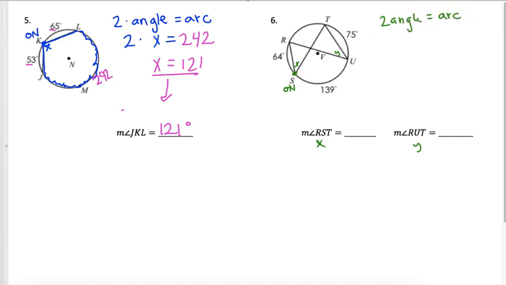Again, writing this over helps us memorize these rules. So 2 times the angle, that's going to be 2 times x, equals, okay, the arc that goes with it is this arc over here. And again, we don't have that arc, but we have 64, we have 139, we have 75. The only thing we're missing is this one.